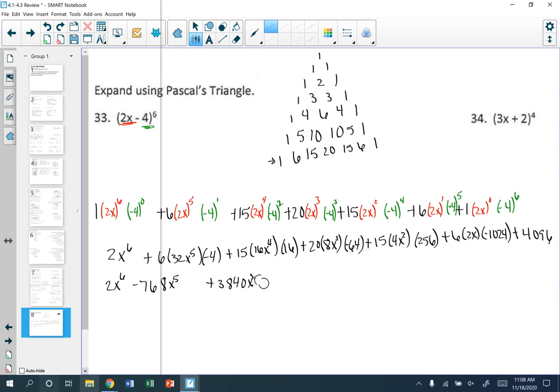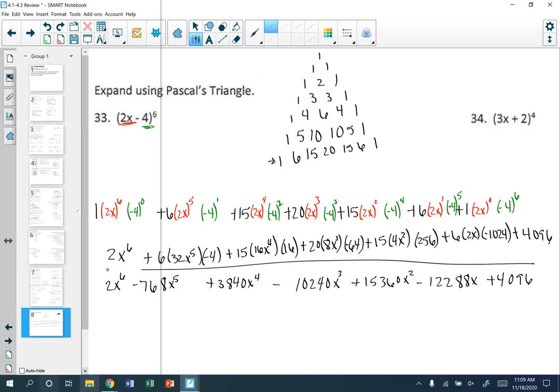X to the 4th minus 10,240 x to the 3rd plus 360 x squared minus 12,288 x plus 4,096 is your final answer.